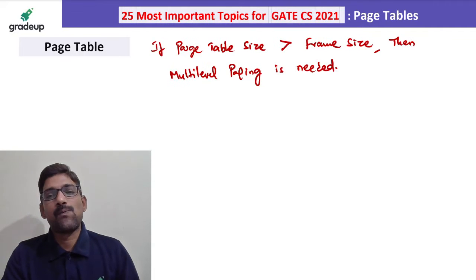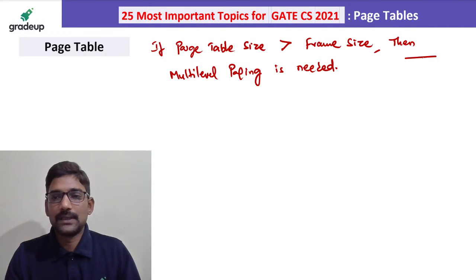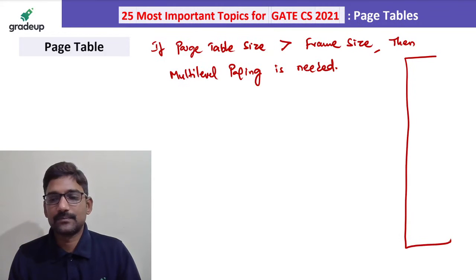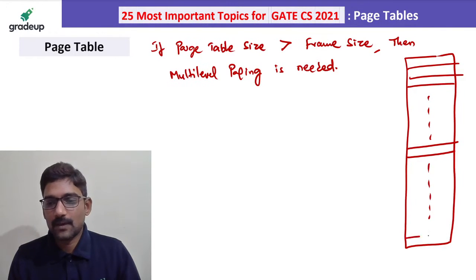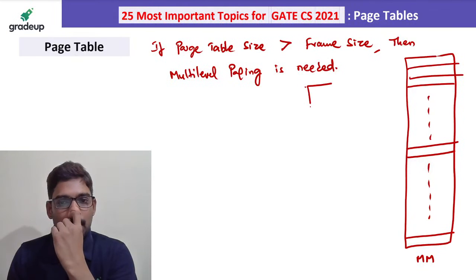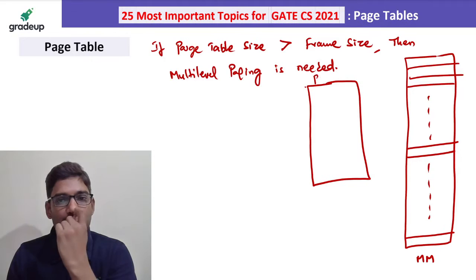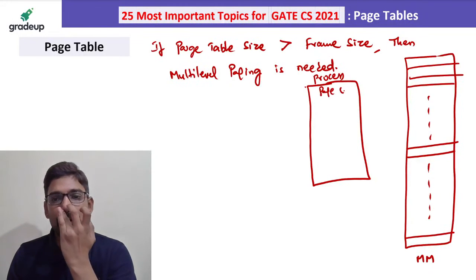Now, what is this multi-level paging? This is the main memory, divided into frames. This is the process, divided into 8 pages.